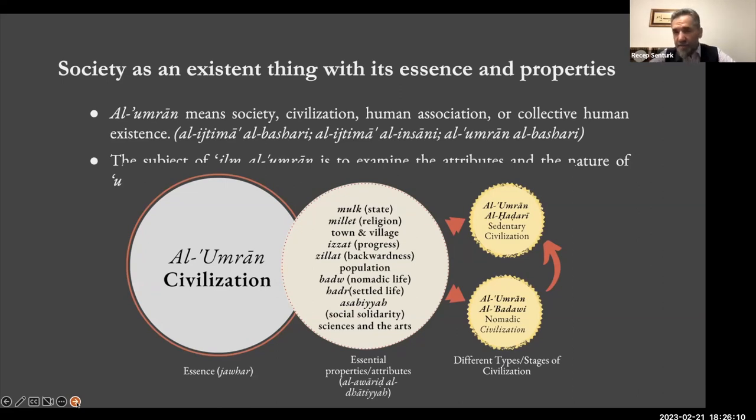So there's nothing to study regarding Jawhar. So what's studied is Arad, attributes or accidents. These attributes are classified into two categories: essential attributes and non-essential attributes. Essential attributes are called al-awarid al-dhatiyya in Arabic, and non-essential attributes are called al-awarid al-ghayr dhatiyya.